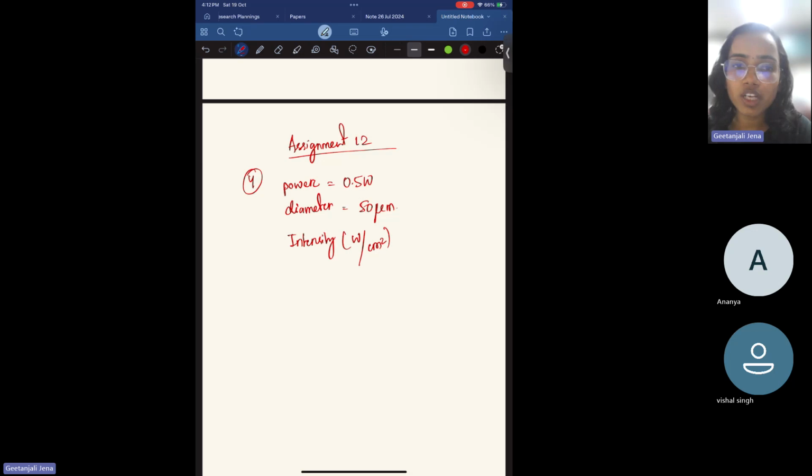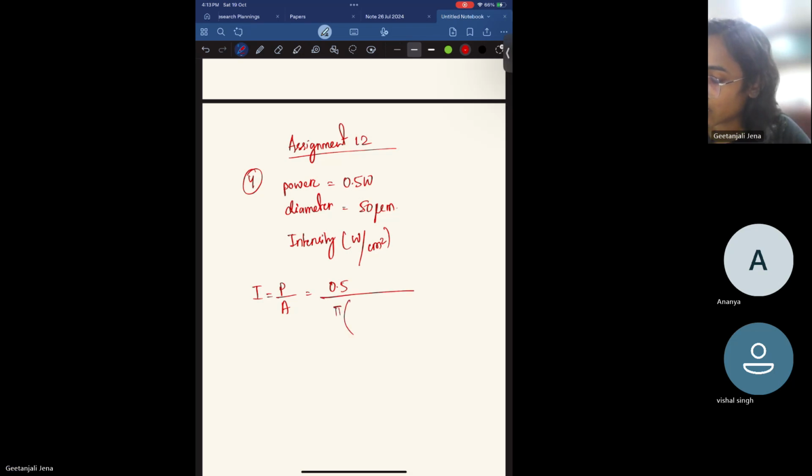Okay, the formula you have used is correct. Intensity is nothing but power per unit area. Power is 0.5 watt, and the area is pi r square, where r will be 25.